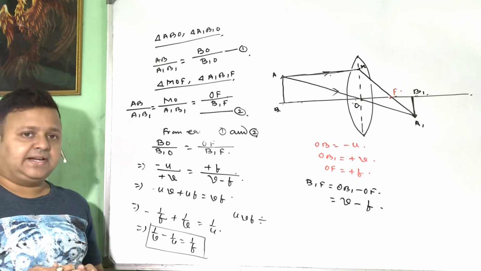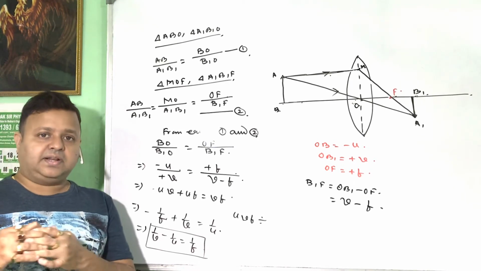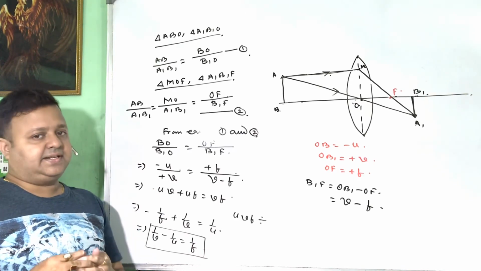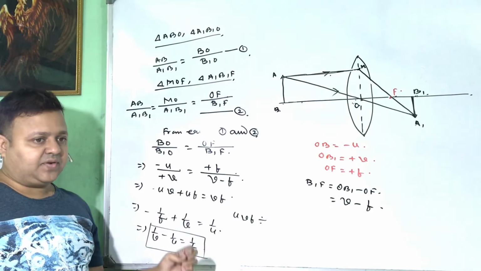And problem ক্ষেত্রে কি করে বুঝবে this is the thin lens or thick lens, mention করে দেবে thin lens, or the refractive index of the material is not given, that is the thin lens. This is the relation between object distance, image distance and focal length of the thin lens.